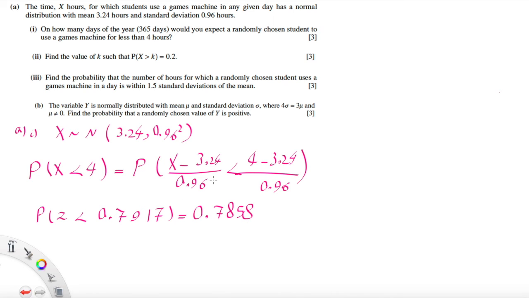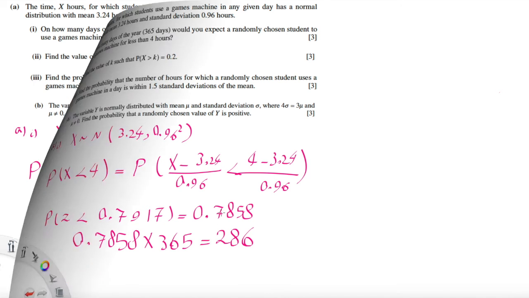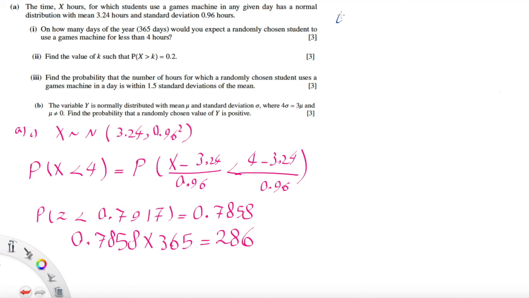It is the probability of using a game machine for 1 day. So it says for a year, 365. So it should be multiplied by 365, which is almost equal to 286 days.